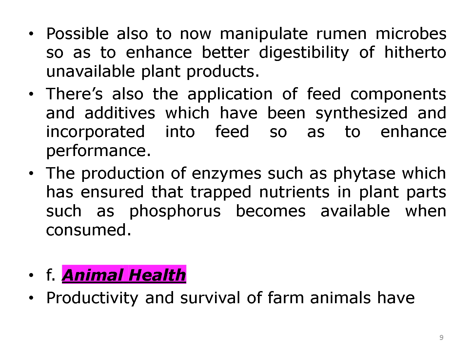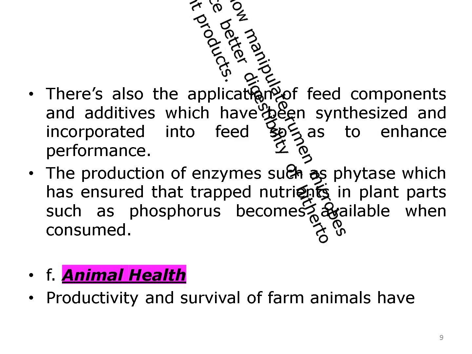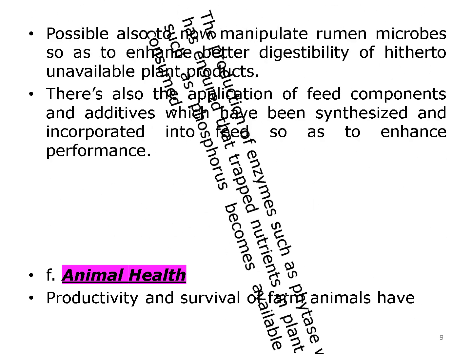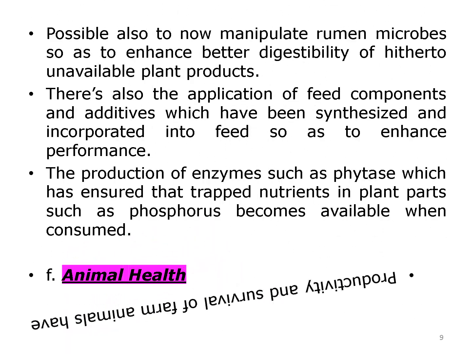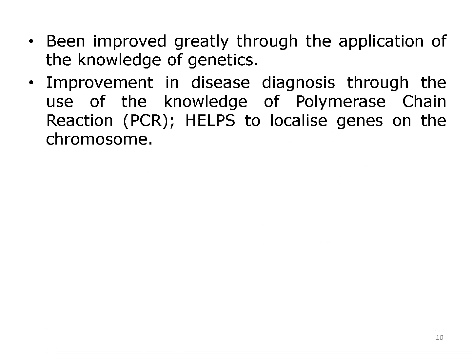Another area where we have made progress is also in animal health. And here we are able to increase the productivity and the survival of farm animals. And this has greatly been improved through the application of the knowledge of genetics.